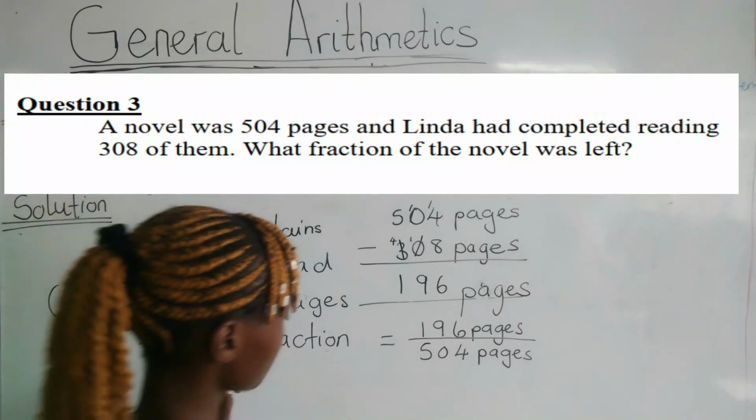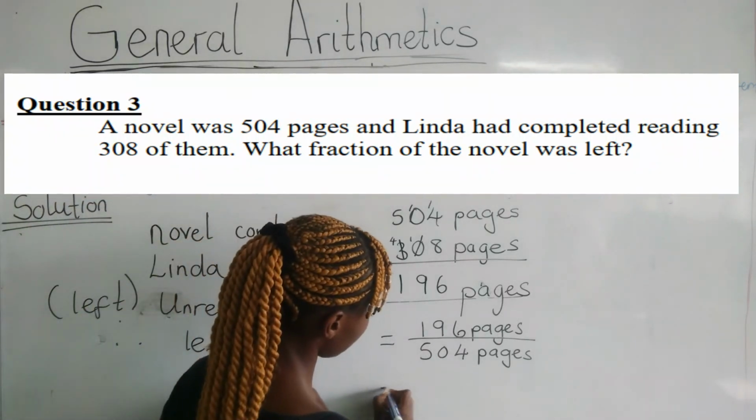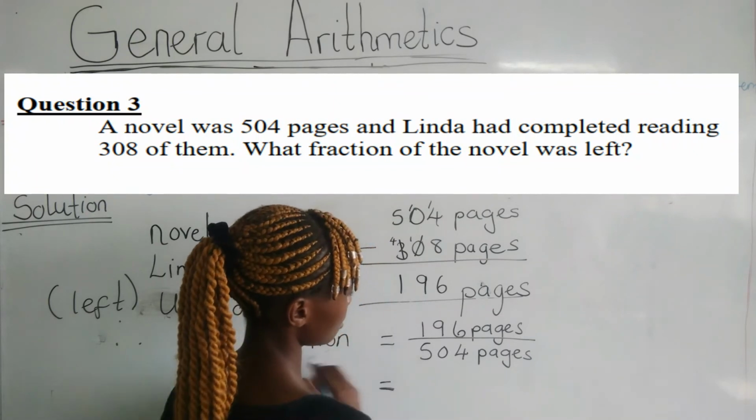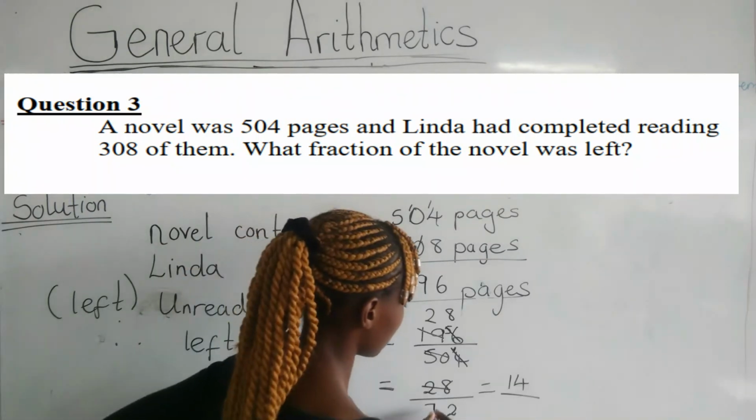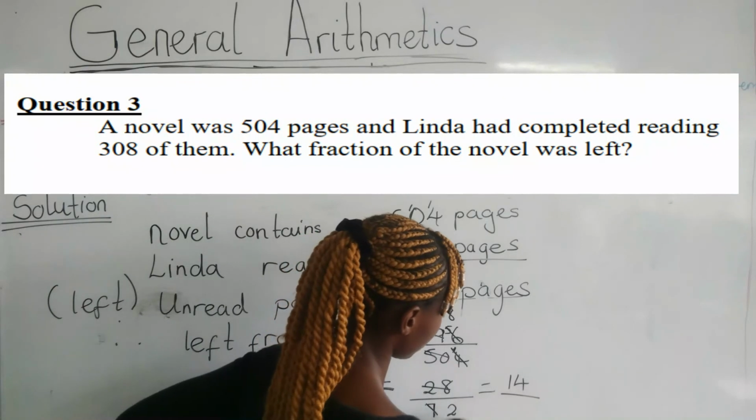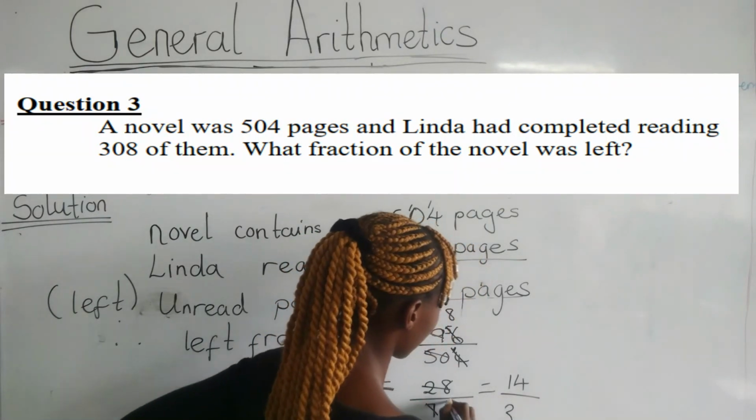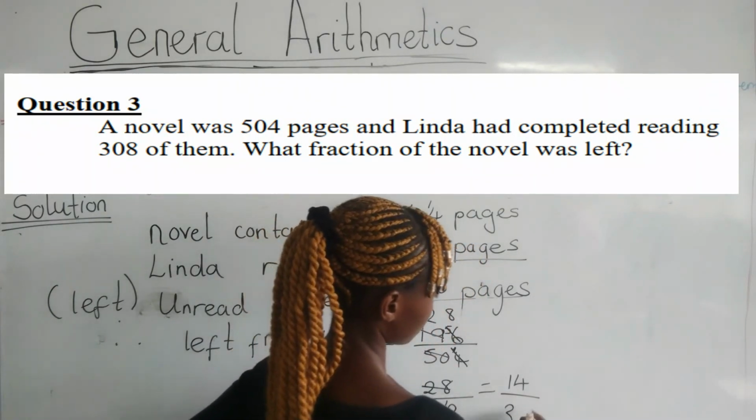Yes, we have to simplify. 2 into 7 is 3, remainder 1. 2 into 12 is 6.